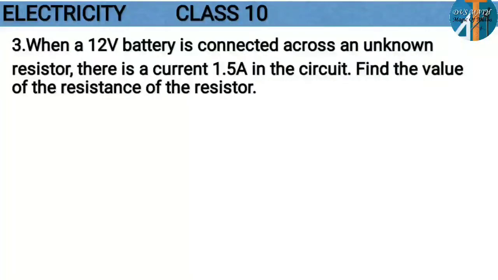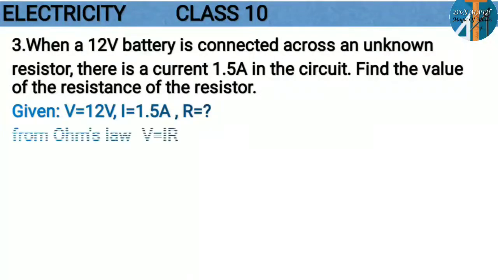In that resistor, the current flowing is 1.5 ampere. We have to find the resistance, that means R. So the given is V is 12 volt, I is 1.5 ampere, and we have to find R.